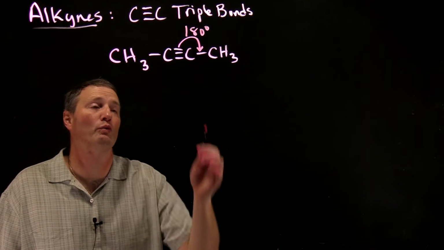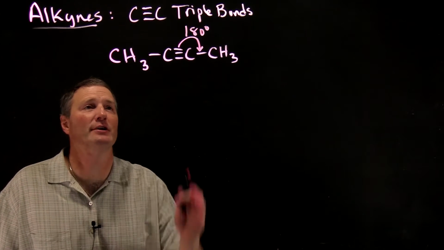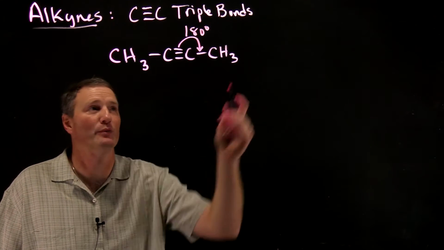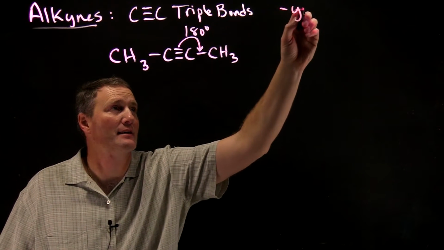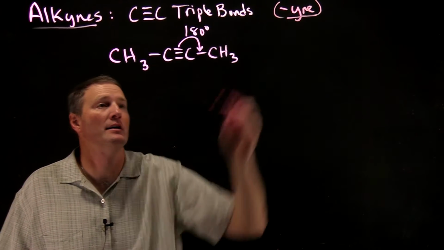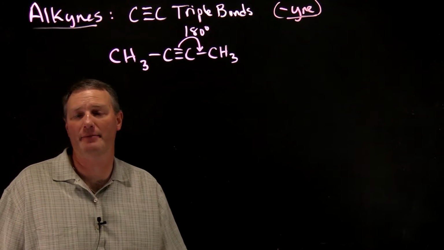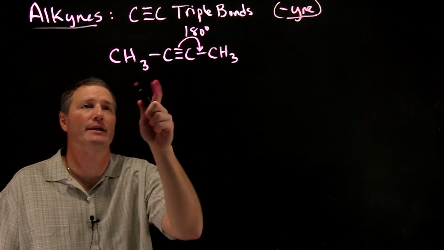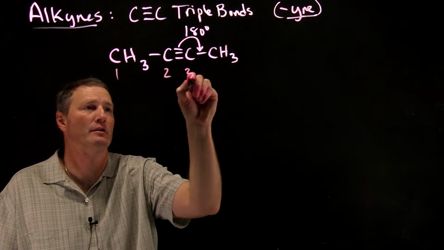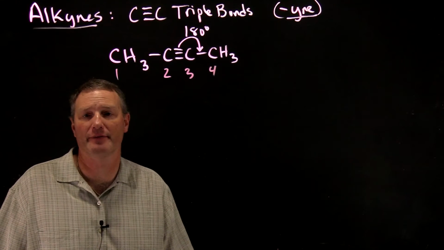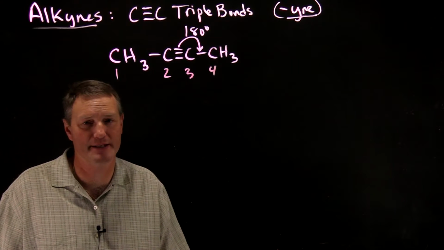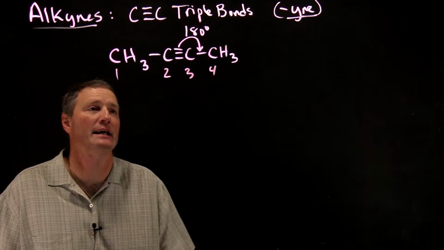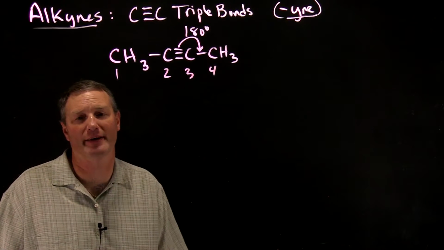All right, so real briefly in terms of nomenclature, alkynes are named with the -yne suffix. So just like we would name an alkene, we would number the chain to give the carbon-carbon triple bond the lowest possible number, and then any substituents. In this case, it's a relatively simple molecule.